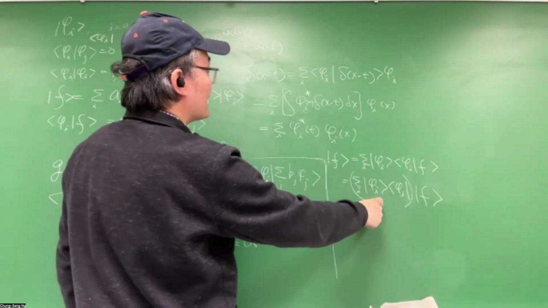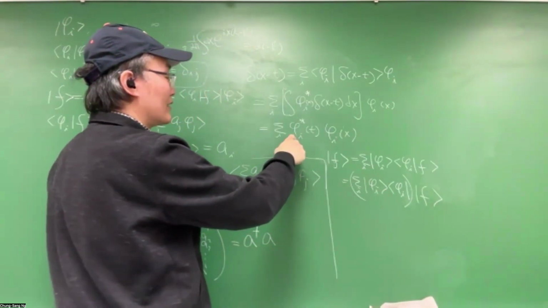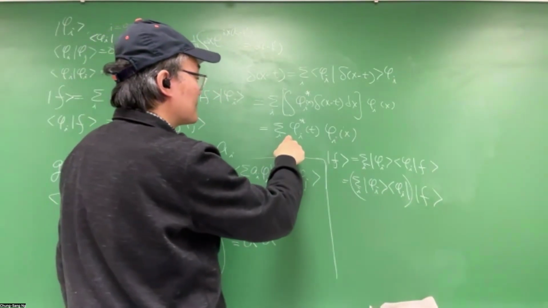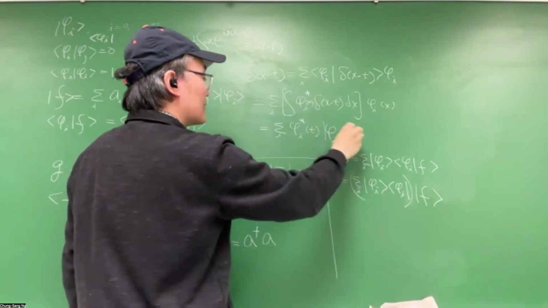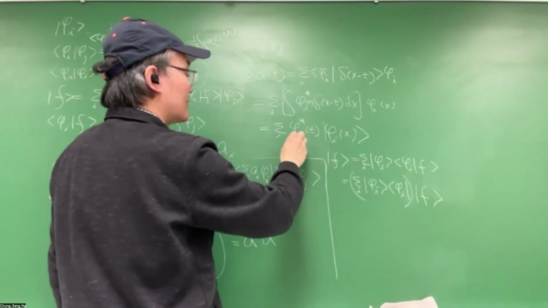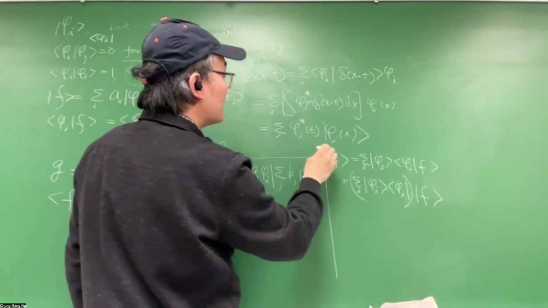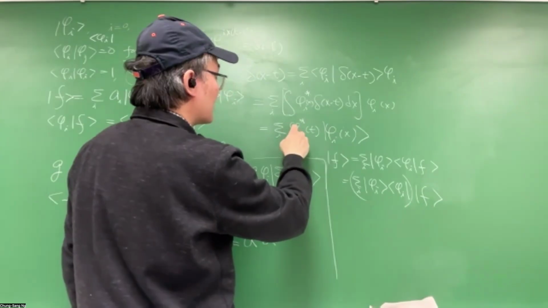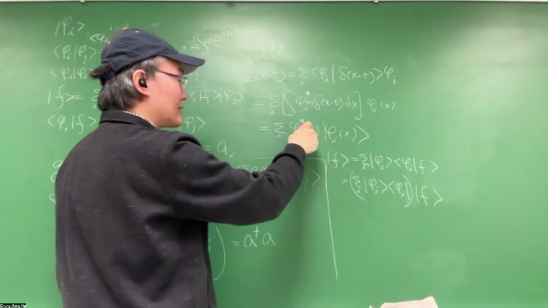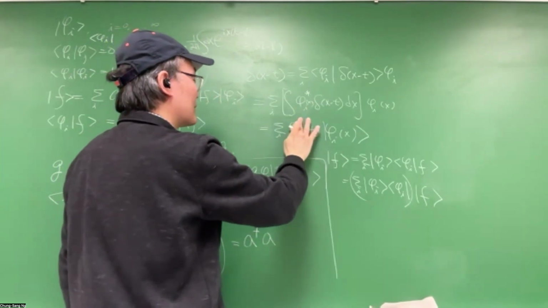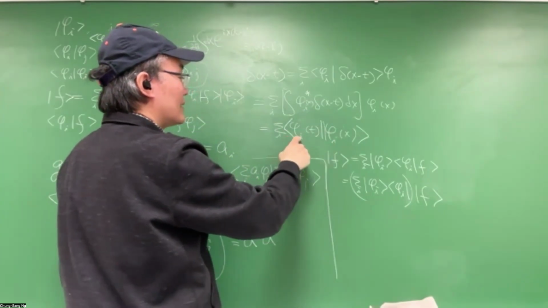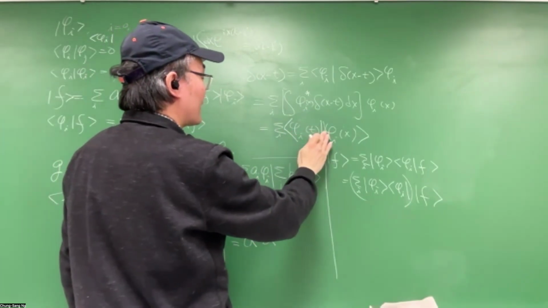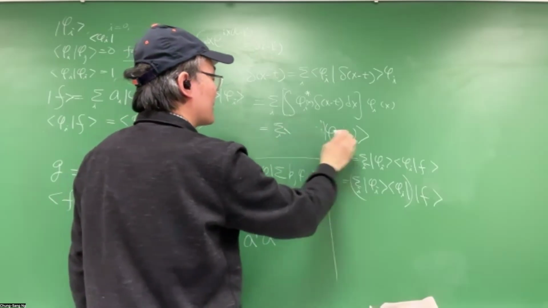This actually has the same form as this one, because now in Dirac notation this is the ket vector, and this becomes a vector too, but you reverse the order of that.